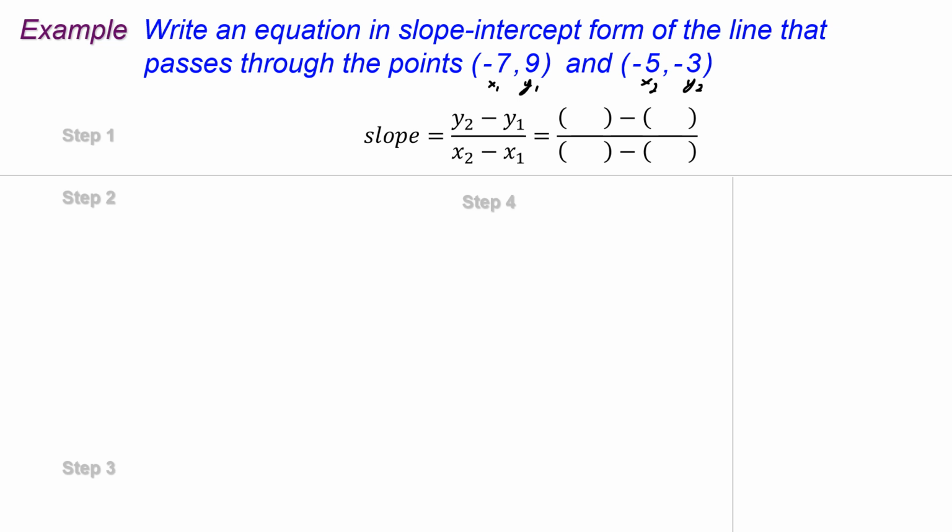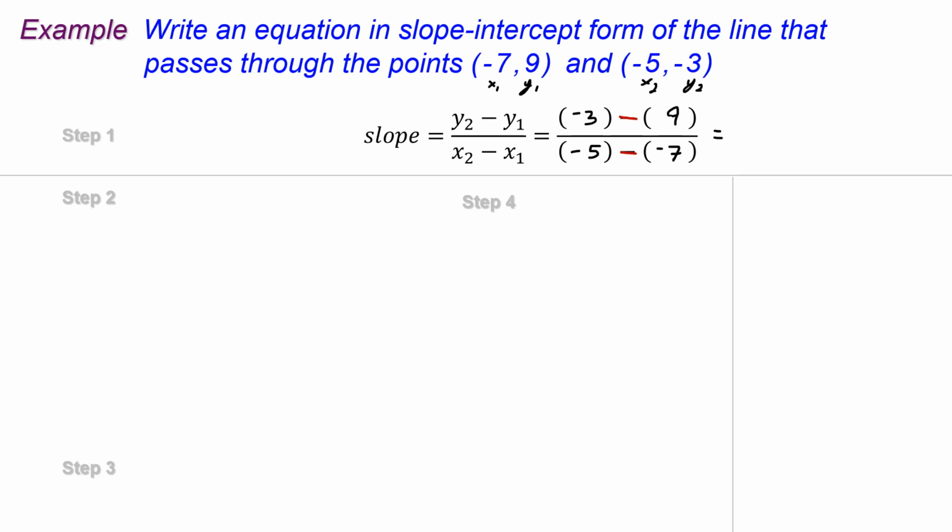One of the key things to remember when you're using the slope formula, make sure you always have a minus. Use parentheses if you need to, your call. All right, so we have -3 minus 9 in the numerator, and that's divided by -5 minus -7.